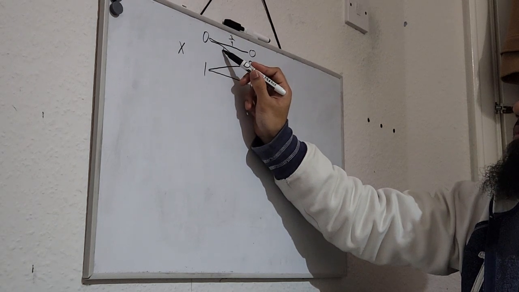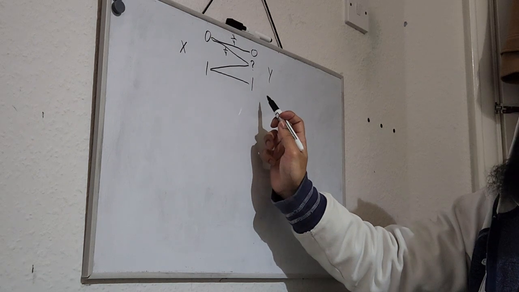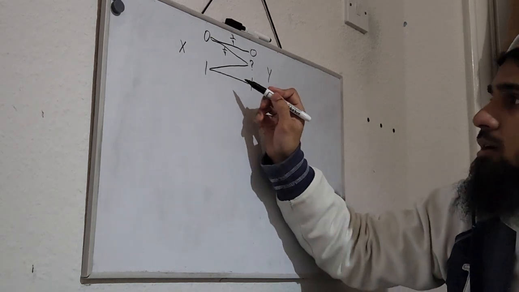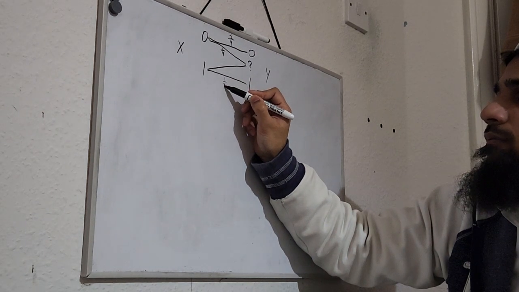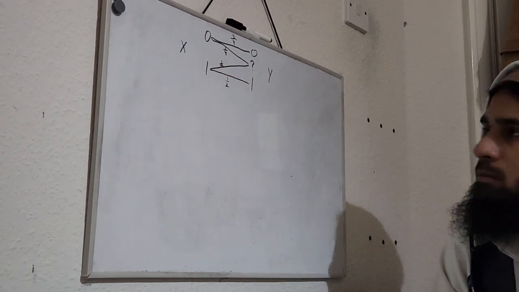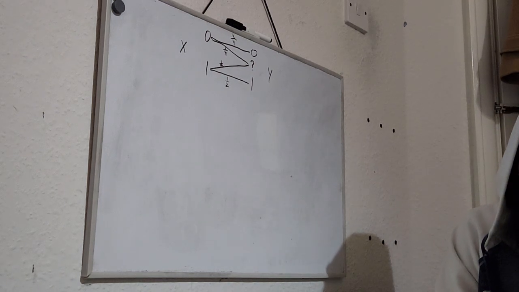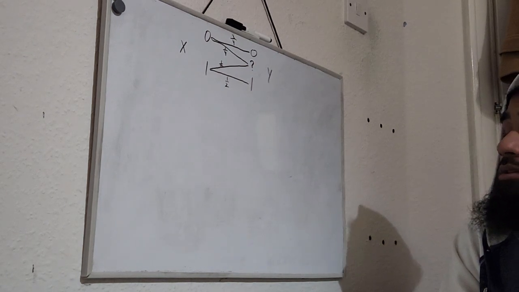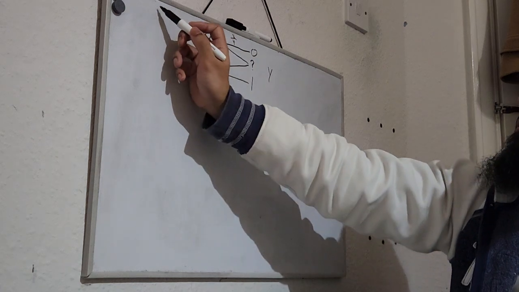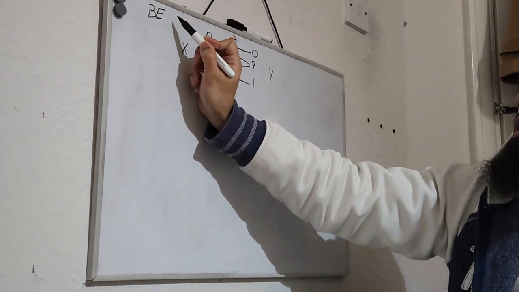The opposite of that would be 1/4. If you're sending 1 and you get a 1 in the output, that is a half, and the opposite would be a half. So this is a BEC channel, binary erasure channel.